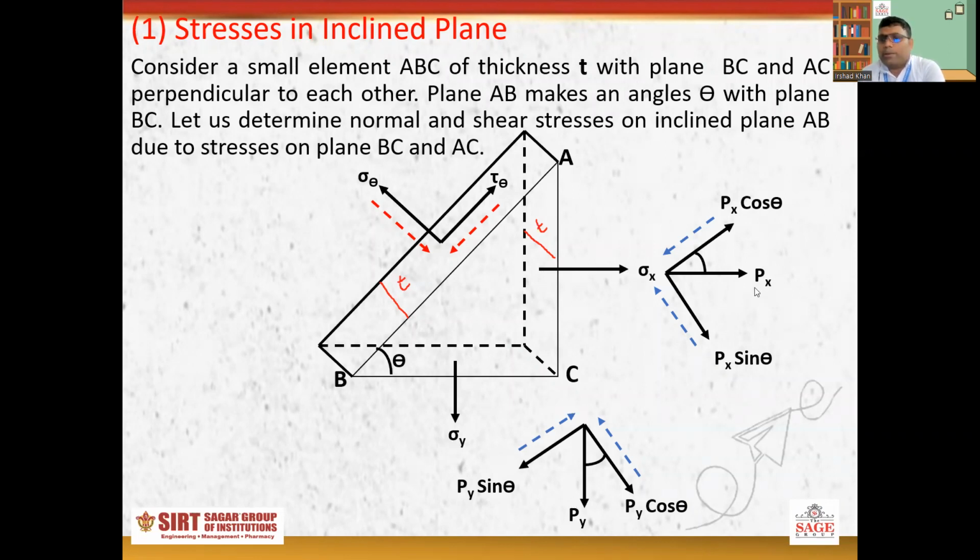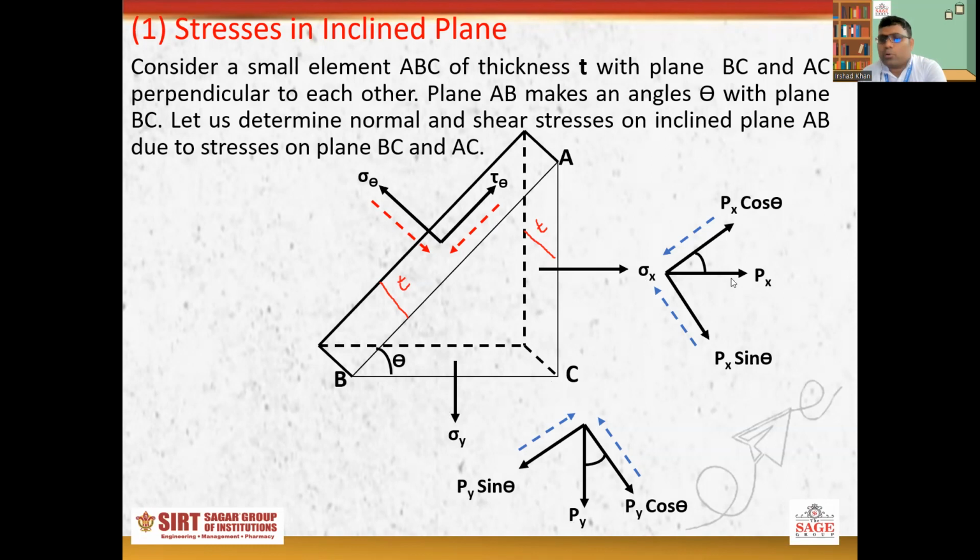Px is a perpendicular load which is applied in plane AC, and similarly in the BC plane the load Py is applied. Due to these two loads, the stresses sigma x and sigma y are generated.